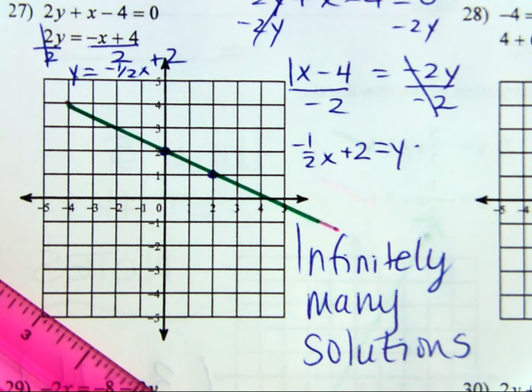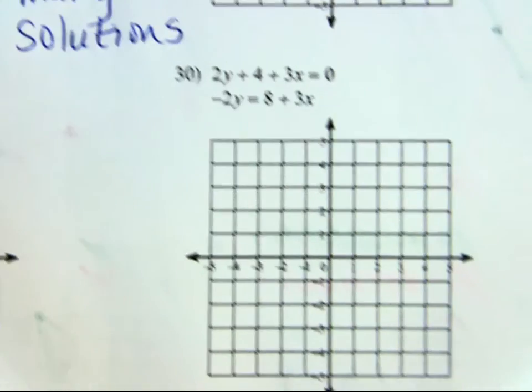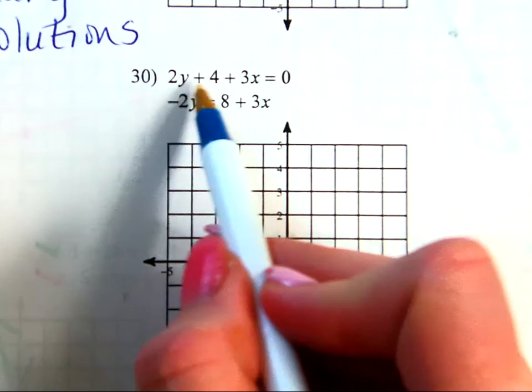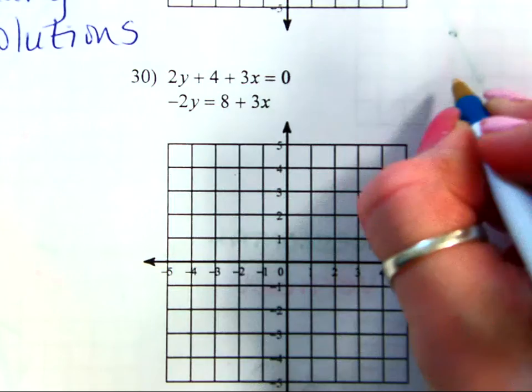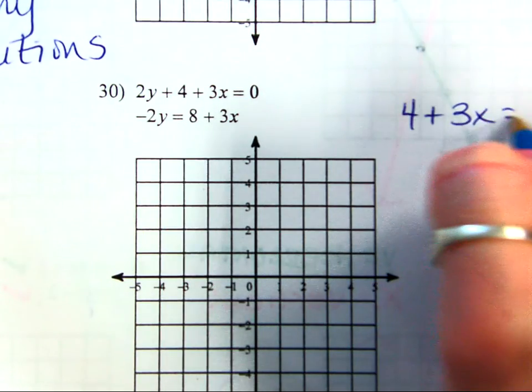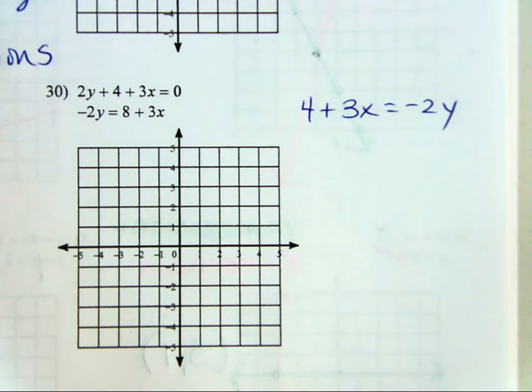So let's skip to number 30. I'm going to go kitty corner here, so let's skip to this. I'm going to do the same thing again. I'm just going to subtract 2y from both sides, and that's going to give me 4 plus 3x equals -2y. Everybody okay with what I just did?